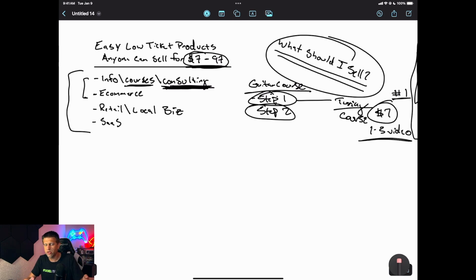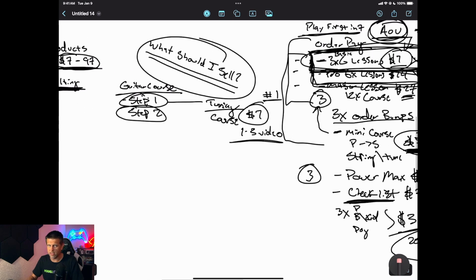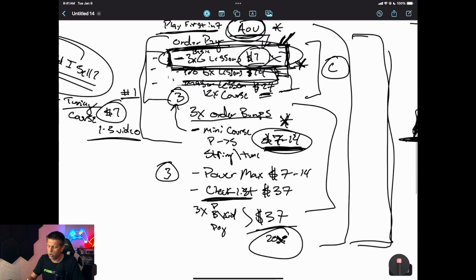Take $100, invest it into ads, run the traffic to your offer, and you will immediately know if it works or not. If you get a $7 sale, you might have something there. It has legs.